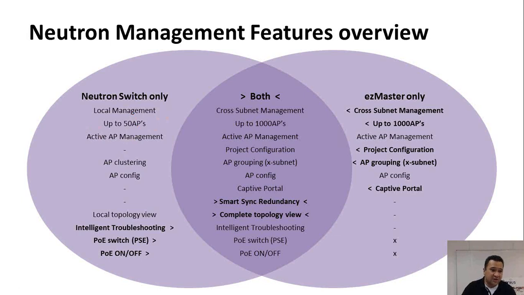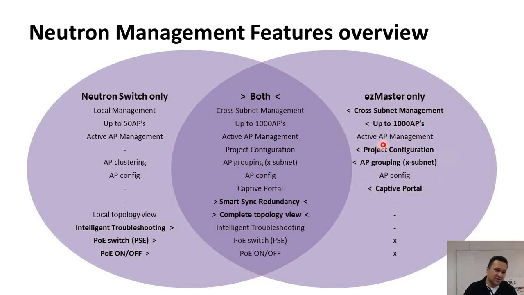We have active management and AP clustering and AP configuration, and we have the topology view, and actually these functions below here, these are switch functions. So if you would only have EasyMaster, the software version, you already have the capability to manage up to 1000 access points, and of course with active access point management.